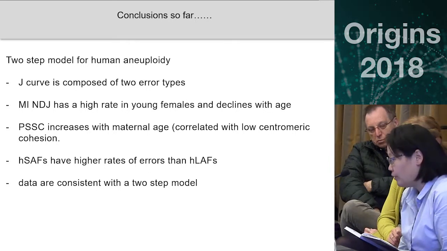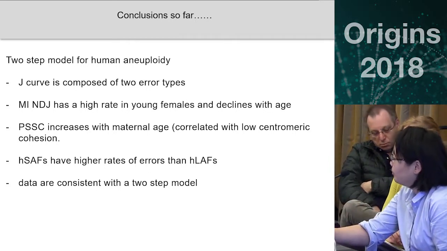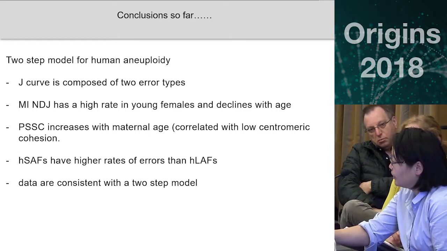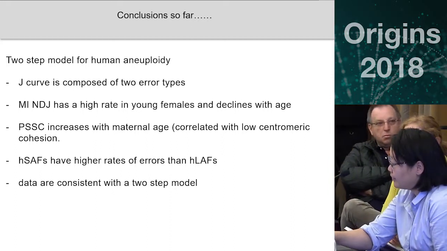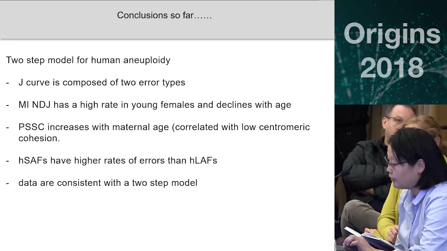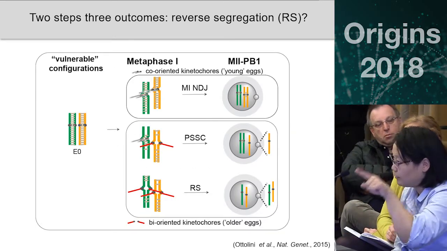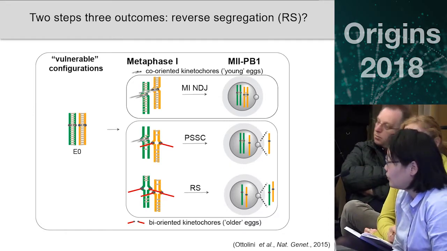So we don't actually know that the rates are indeed higher. It might be that the two-hit model can encompass everything, depending on what reverse segregation will do. So that's this lower one here. We don't know what they're looking like, and we're waiting for those data. So it might remain UE, or it might actually come up more like PSCC. We just don't know at this stage.